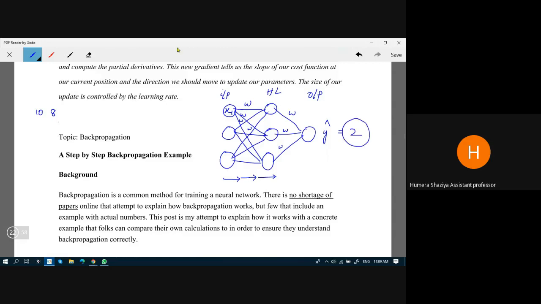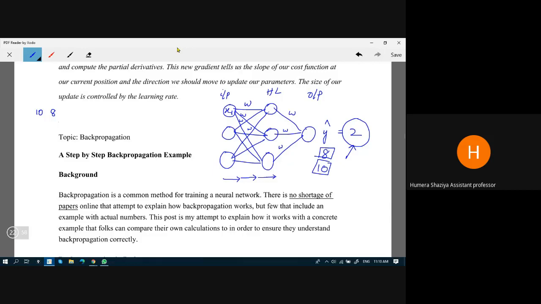That means the error is 2. Why is the error 2? Because our model is predicting 8, but it should predict 10. Essentially, 10 is the correct value. However, our model is predicting only the value 8, not 10. So the difference is 2, and that is known as the error rate.